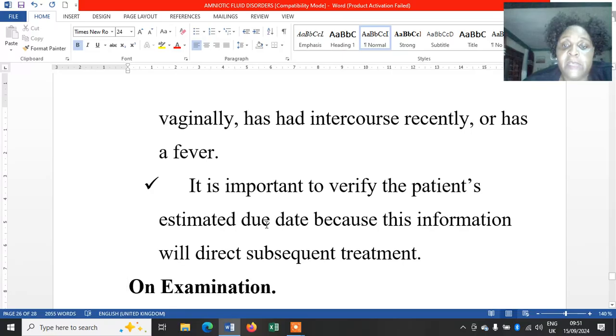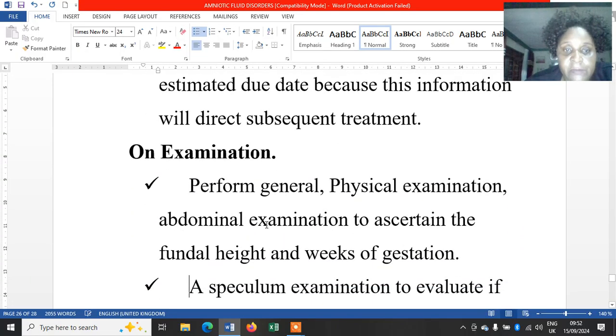It is important to verify the patient's estimated due date because this information will tell us the management. So we shall ask the patient when is their expected date of delivery, or even we can calculate it because this can give us the way forward on how to manage this patient.